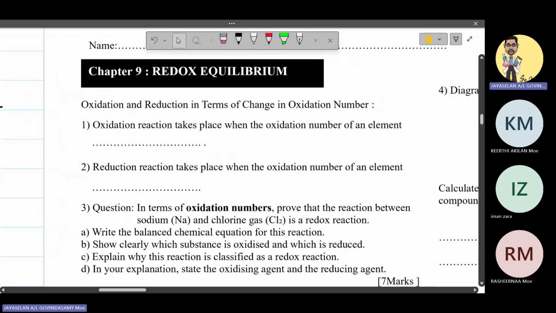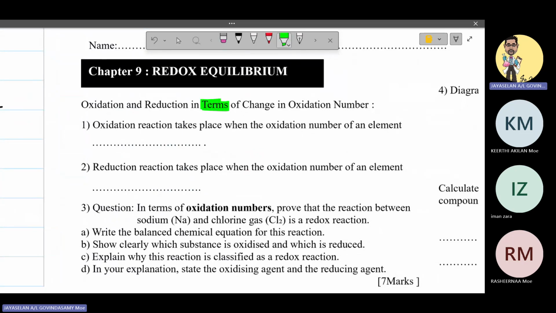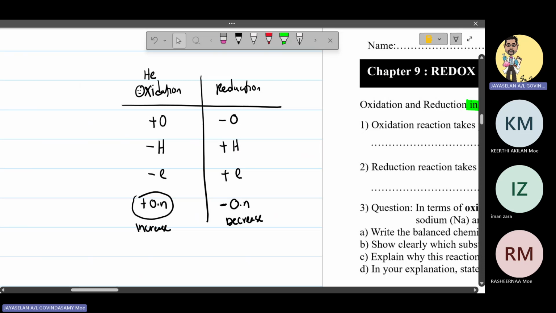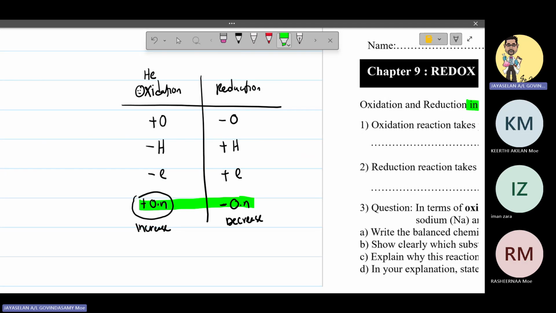Okay, oxidation and reduction, they put it in terms of change in oxidation number. When they put in terms of change in oxidation number, you must refer to this one. Oxidation, increase in oxidation number. Reduction, decrease in oxidation number.